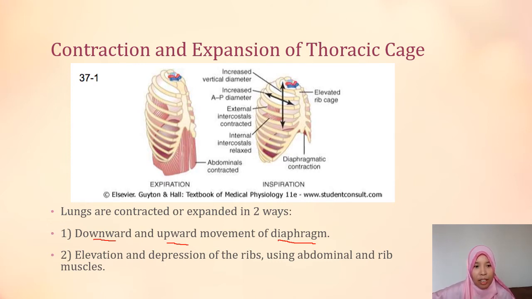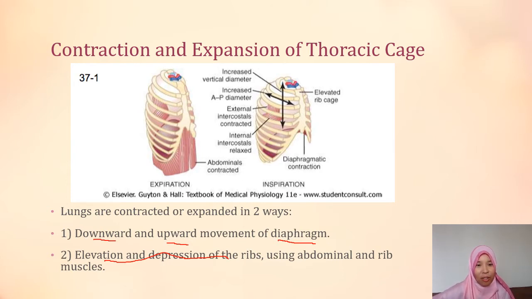Now the second thing here, I've put elevation and depression of the ribs. Sorry for that, I can't draw straight lines. The muscles involved here, like I said in the earlier slides, are the external intercostal muscles.